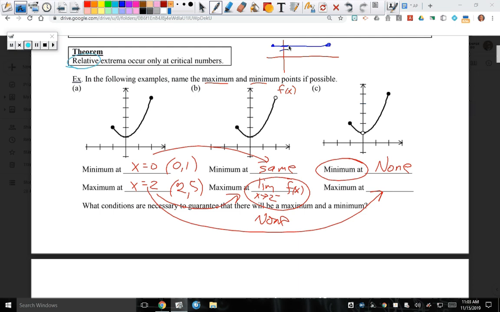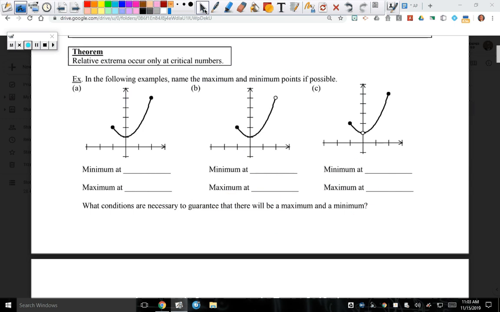So the minimum can still be the maximum. Yes. Good. Is there any way for that to happen not on a straight line? Yeah, it could be just a regular line. You know what I mean? Or a curve, whatever it is. I just wanted to make sure that you understood that each function that you draw, no matter what, will have both a min and a max, but it could be the same number. As long as it's continuous.